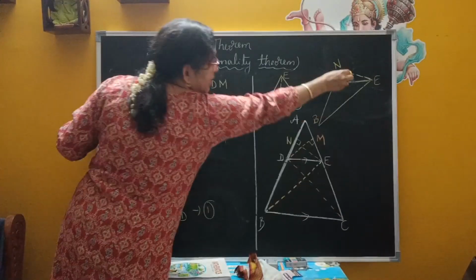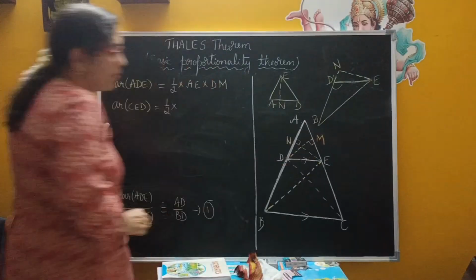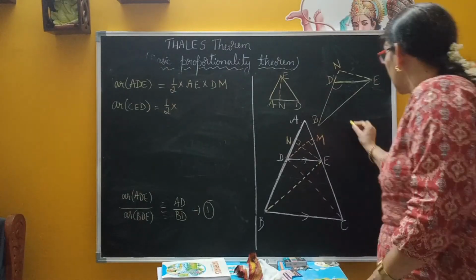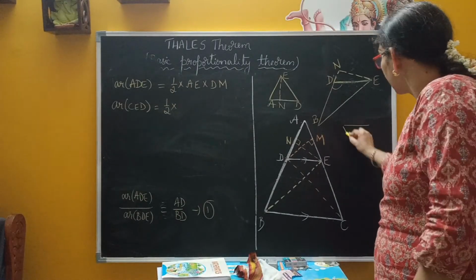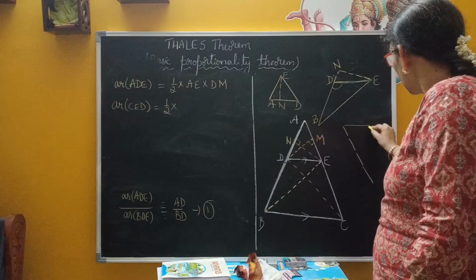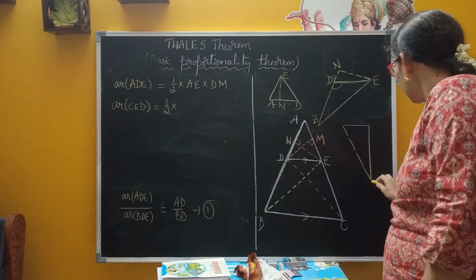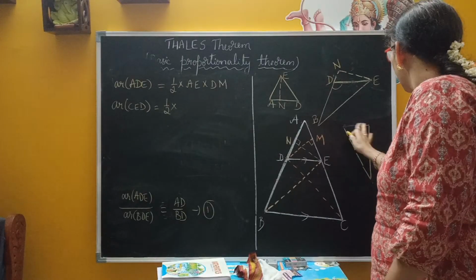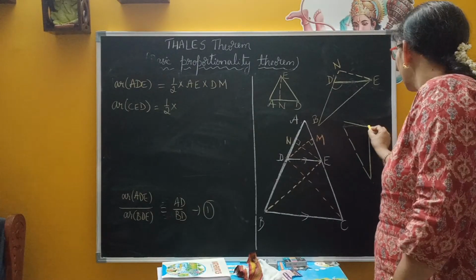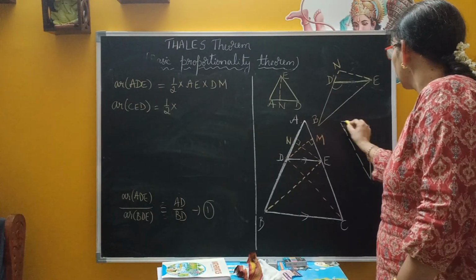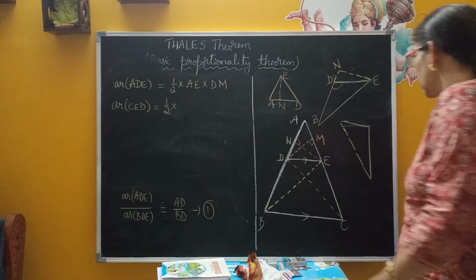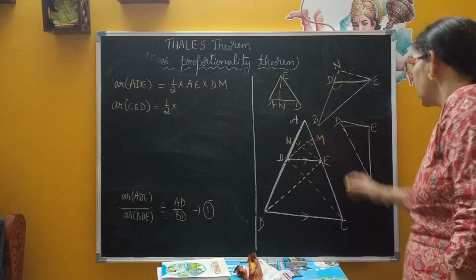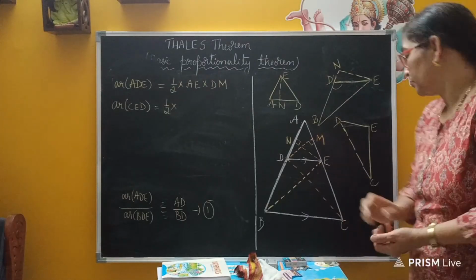Now just imagine like this only, this triangle. See, I'll show this now. This is the triangle we have. This side is D, E, and this is C, CED.